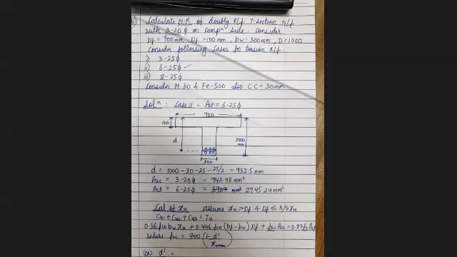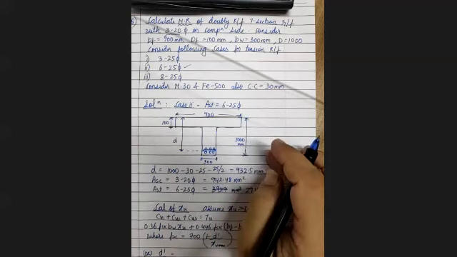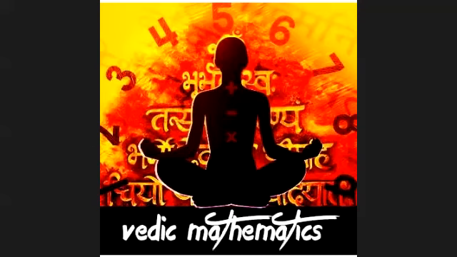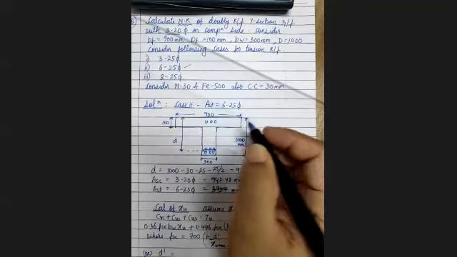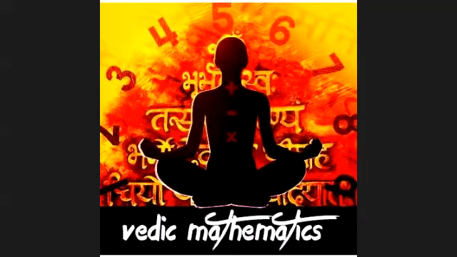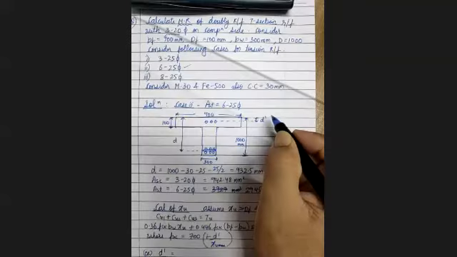So what is the d dash by d ratio in this case? What is d dash? Sir, d dash is not given. So d dash you have to find out.